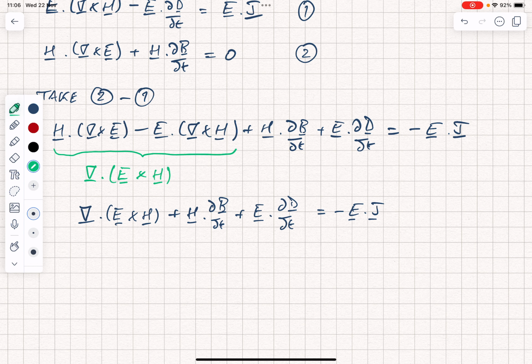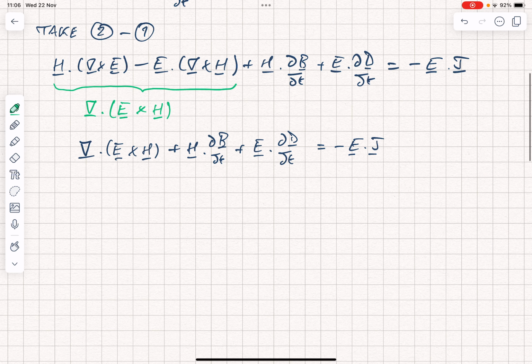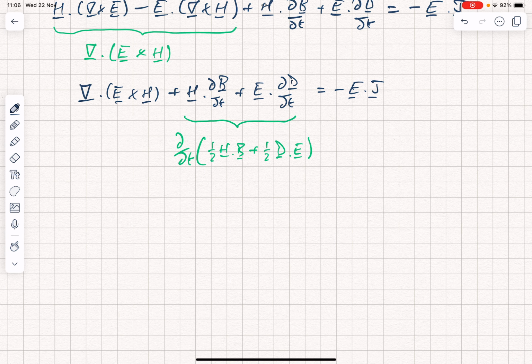And I've shown in the other video on Poynting's theorem that you can write these two terms as being equivalent to d by dt of a half H dot B plus a half D dot E. And it's fairly easy to do for a linear homogeneous isotropic material.